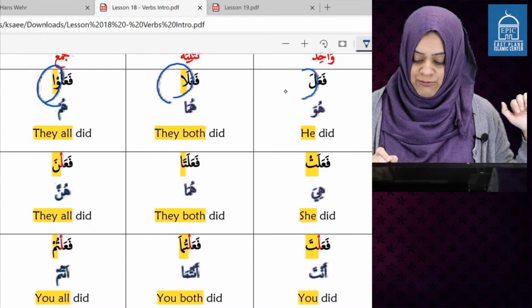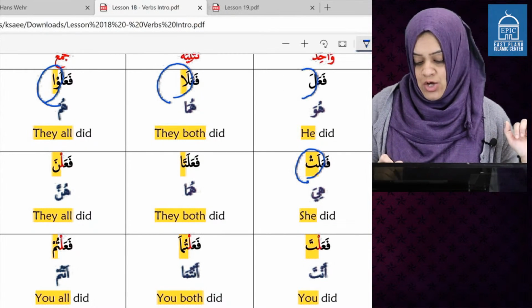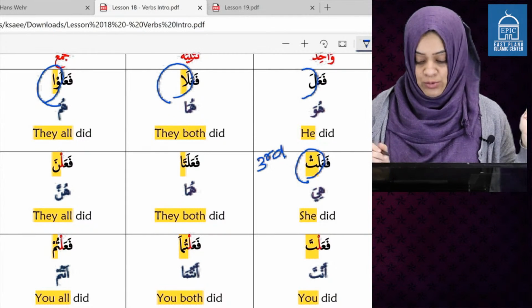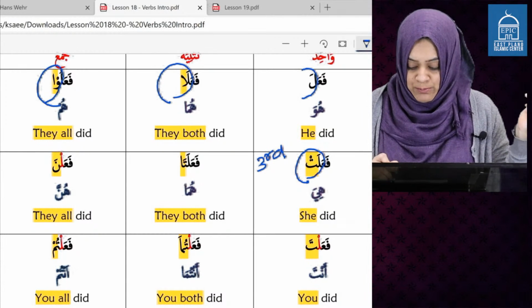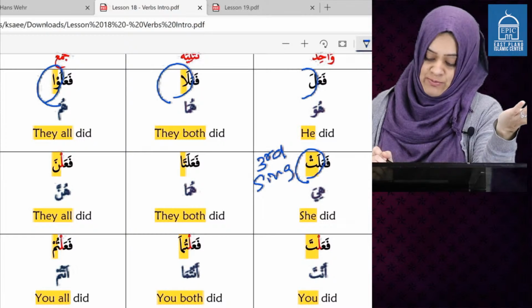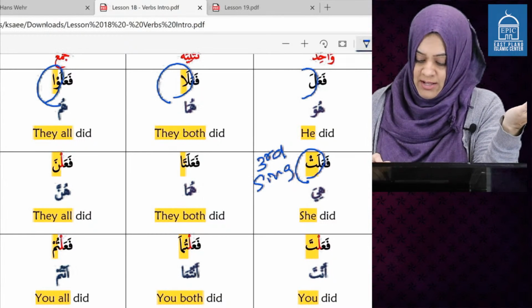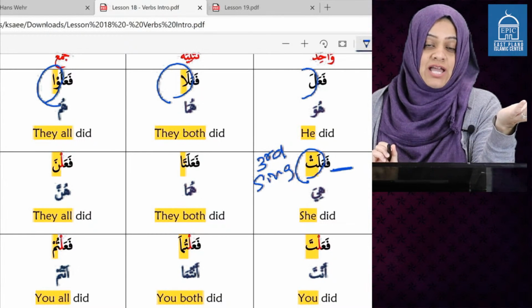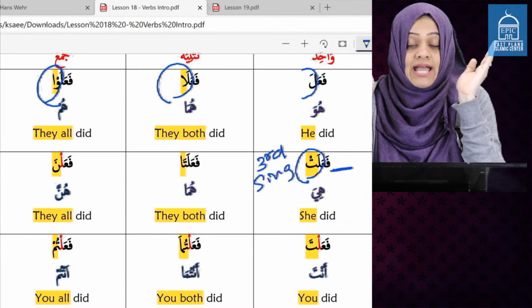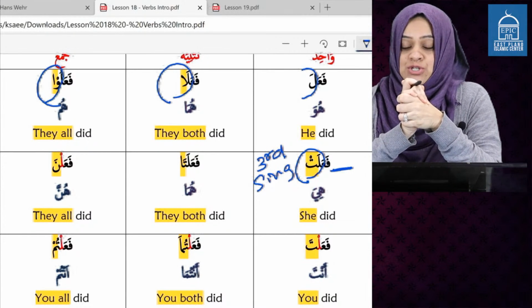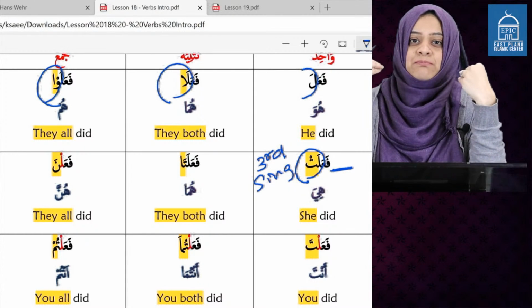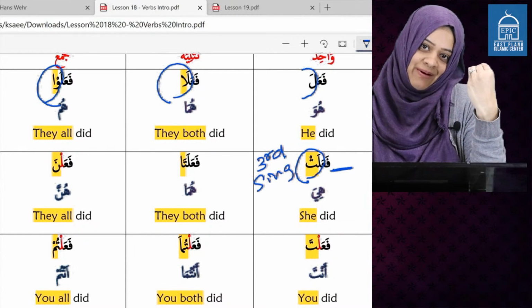The ending told me what person it was, this one is third person, okay? Then it told me the number, singular, dual, or plural. So I know that this is singular. And of course, it also tells me whether it's madi or mudare, because there's no beginning over here. If atain is not there, it is madi. But keep in mind there are exceptions, because there are those words where hamza, ta, ya, and noon are simply part of the spelling.